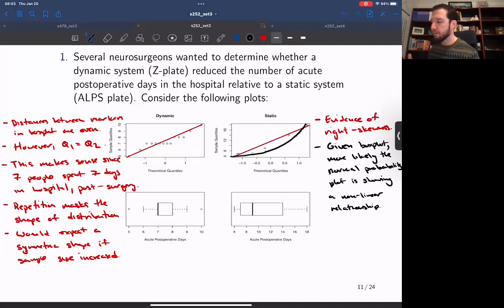We made the argument that with the dynamic system, it looks like it's possibly going to be normally distributed. If we collected more information, we might be able to return to the linear structure in the QQ plot that we would expect, and maybe the median will sort itself out and end up in the middle of that box. But with the static system, based off what we've observed, it's clearly a right skewed shape, and this is evident by the box plot and the QQ plot.